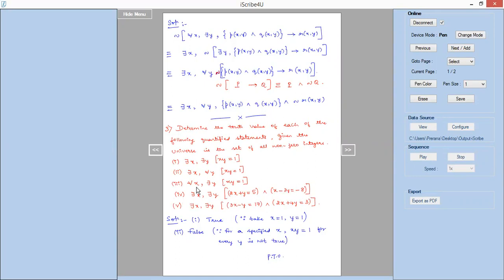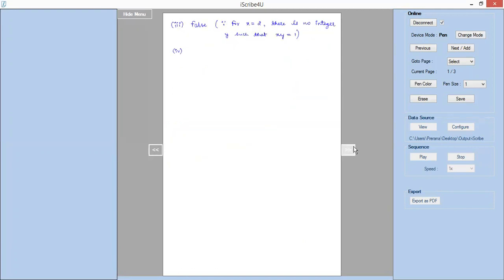So true and true will give us true. Both have to be true, no? 2x plus y is equal to 5 has to be satisfied, as well as x minus 3y is equal to minus 8. There is an and between these two. So for some particular values of x and y, whatever we take, it has to satisfy both these bracket terms. Okay, so this is finally giving me a true.